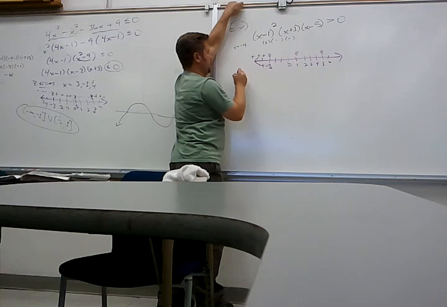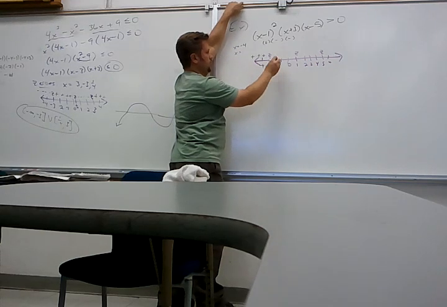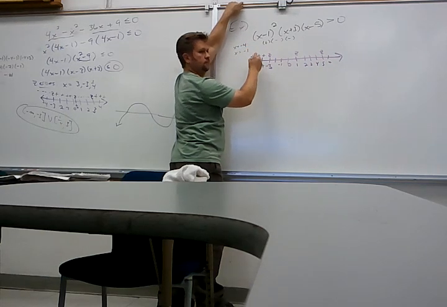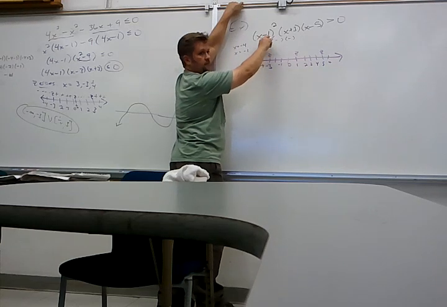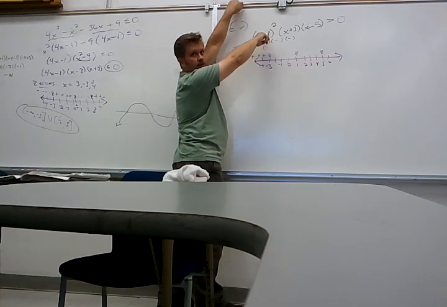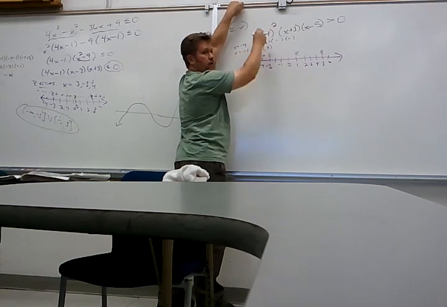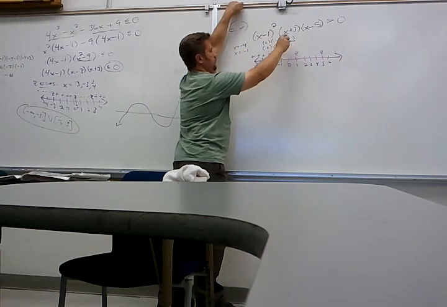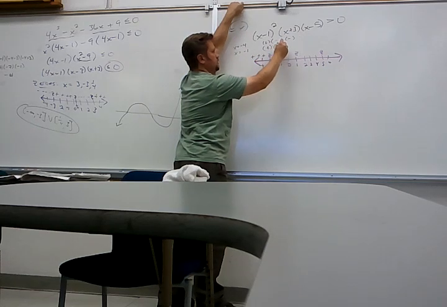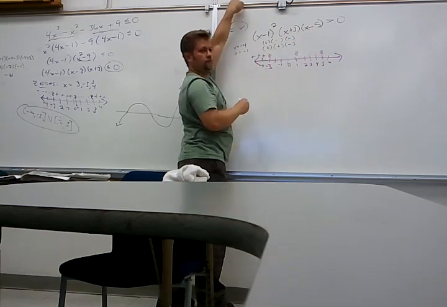What about if I throw in there x equal to -1? -1 minus 1 is negative, but -2 squared is going to be positive, always going to be positive because that's squared. -1 plus 3, positive. -1 minus 5, negative, right?